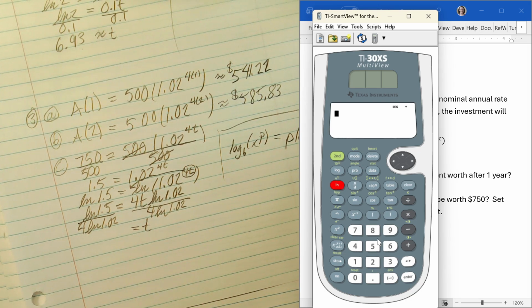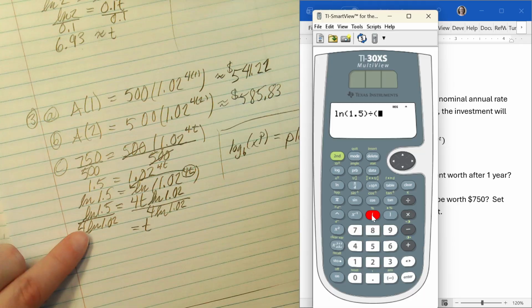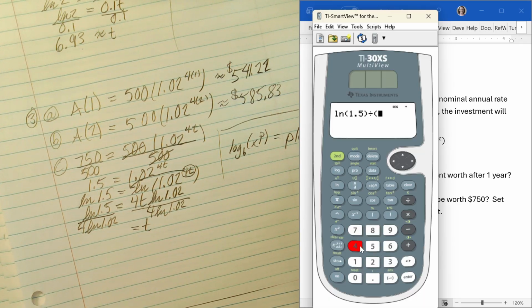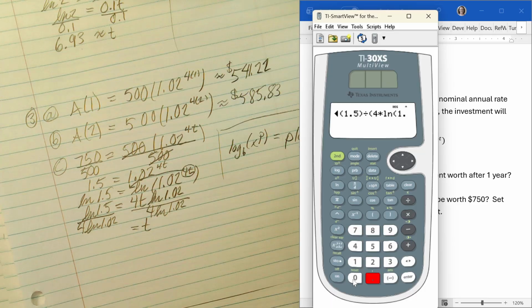So ln 1.5 divided by, oops, I forgot my parentheses. Divided by, and now I need parentheses around the bottom to make sure the 4 times ln of 1.02 happens before it gets divided. 1.02, close, close.